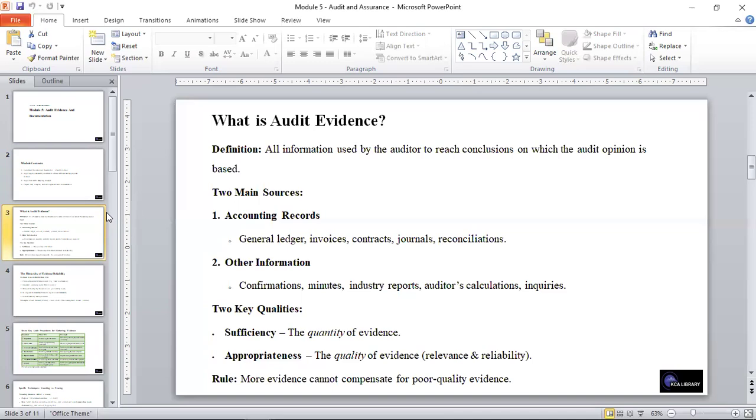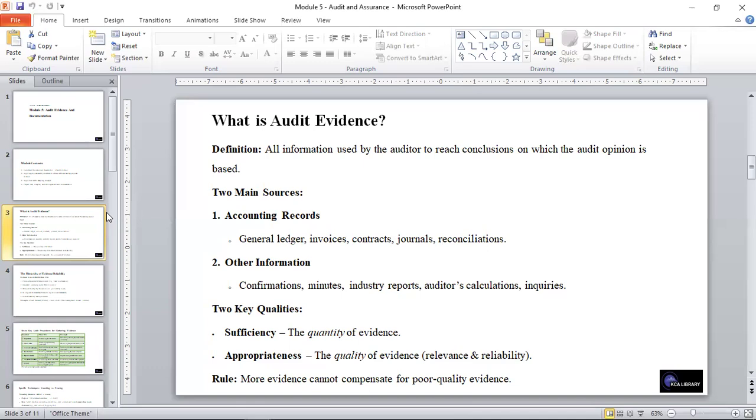We have two main sources of audit evidence. The first is the accounting records, including the general ledger, invoices, contracts, journals, reconciliations, and we have other information as the second source, which contains confirmations, minutes, industry reports, auditors' calculations, inquiries, and the likes.